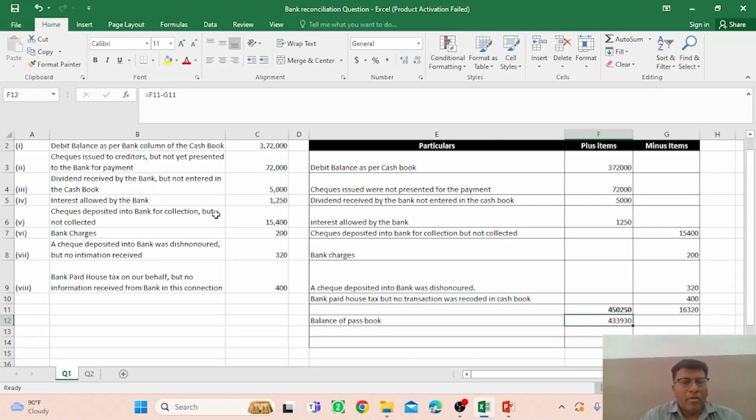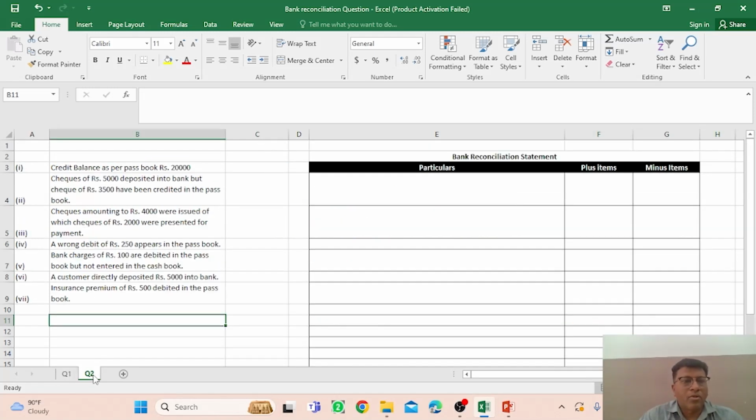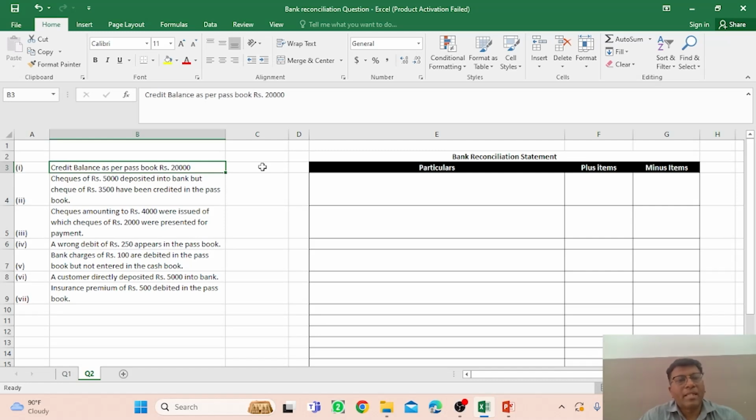And we solve another practical problem so that you have more knowledge, you have more practice. So let's come to the next question, that is your bank reconciliation statement on the basis of these transactions. In this particular practical problem, you see that the credit balance as per passbook is rupees 20,000, right? So you have to focus that the credit balance of passbook is given to you.